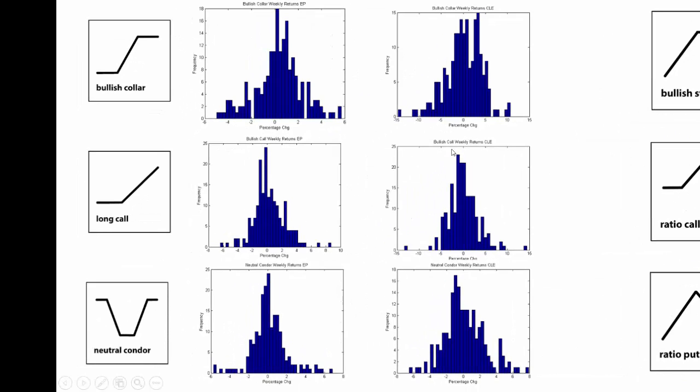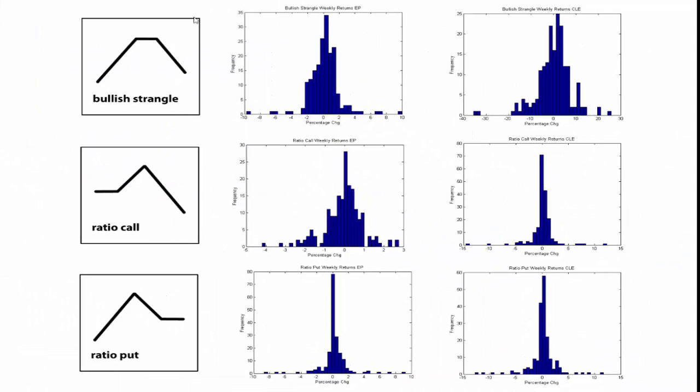If you look on the left-hand side of the screen, you'll see evidence of this positive skew, positive asymmetry that was mentioned before. So you see relatively few occurrences of profoundly negative outcomes on any of the strategies listed on the left-hand side of the screen.